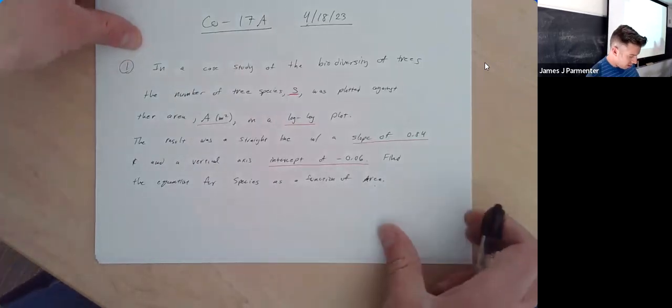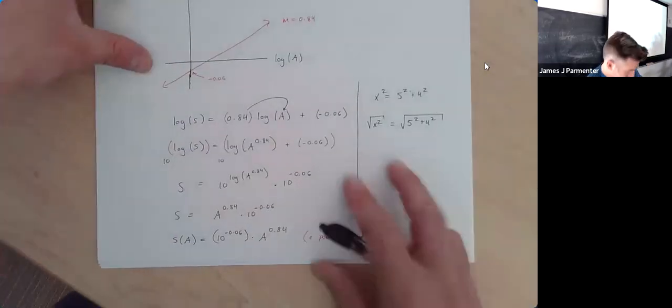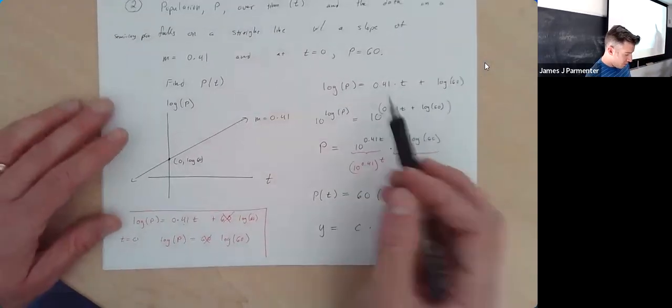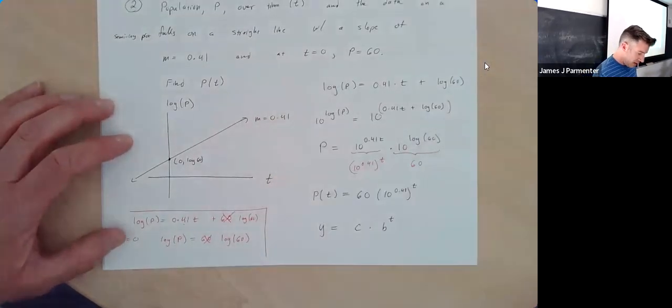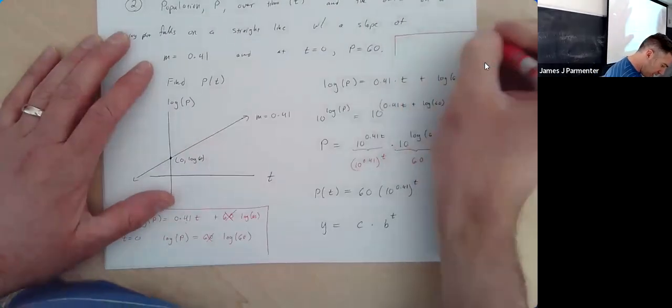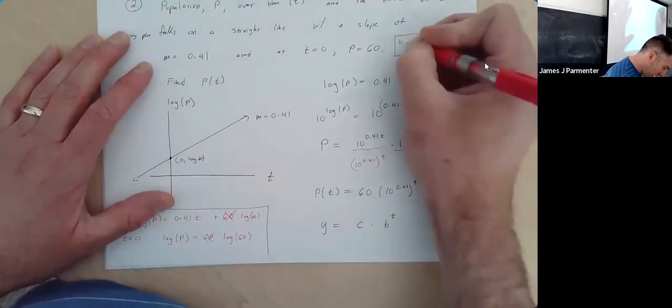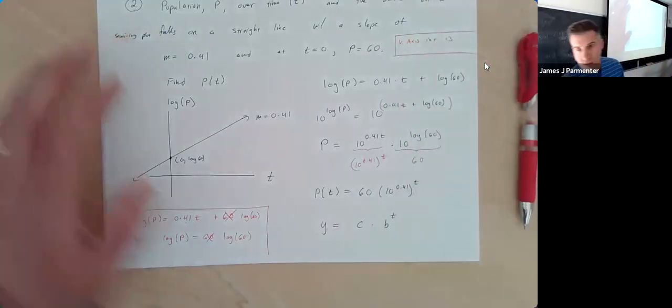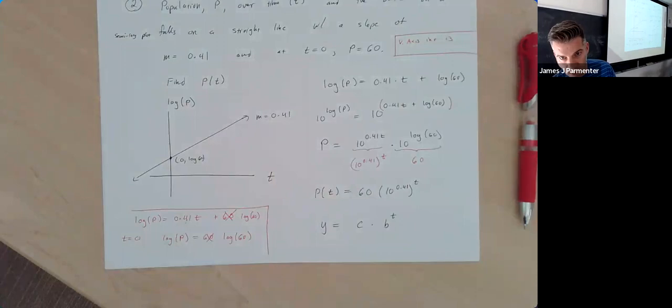Whereas with the semi-log, I could have phrased it like I did and said, we know that time equals 0, p equals 60. But I could have said, alternatively, I know that my vertical axis intercept is, I'm going to make up a number that's useful here.